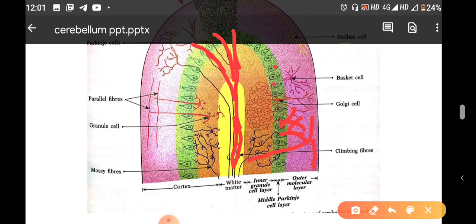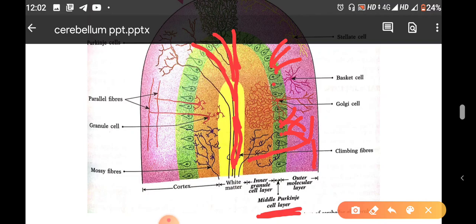Now the Purkinje cell layer. This middle one is the Purkinje cell layer, which is green in color. It is composed of a single layer of large flask shaped Purkinje cells. Purkinje cells are the biggest neurons in the body. Their dendrites extend into the molecular layer and provide a huge surface area for synapses.